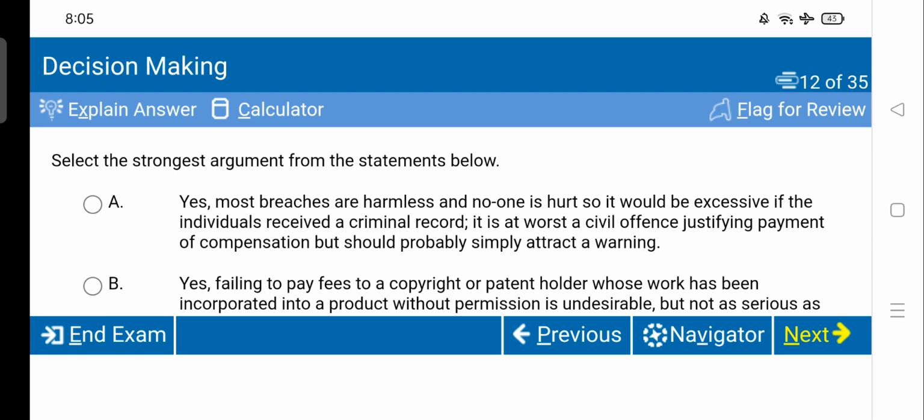Option A, yes, most breaches are harmless and no one is hurt, so it would be excessive if the individuals receive a criminal record. It is at worst a civil offense justifying payment of compensation, but should probably simply attract a warning.